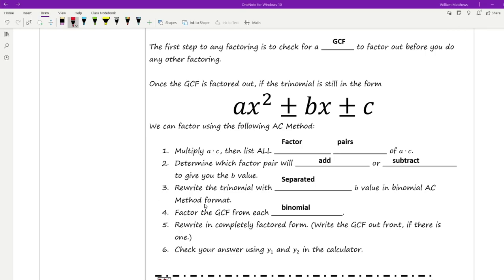So we just use what we learned from that previous video of finding a product of a number that also has factors that add up to equal the sum. We'll factor the greatest common factors from each binomial, and then we will rewrite in a complete factored form.